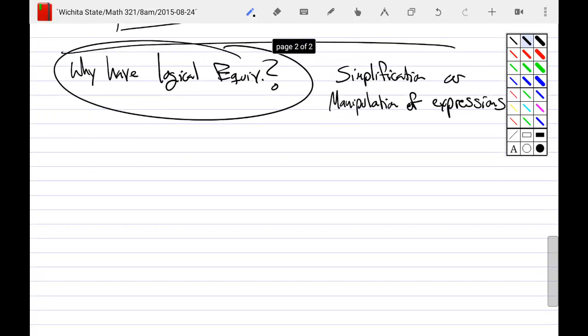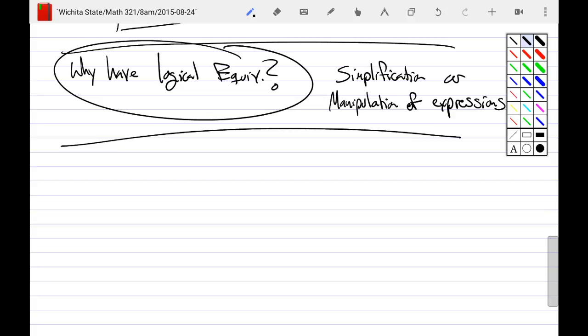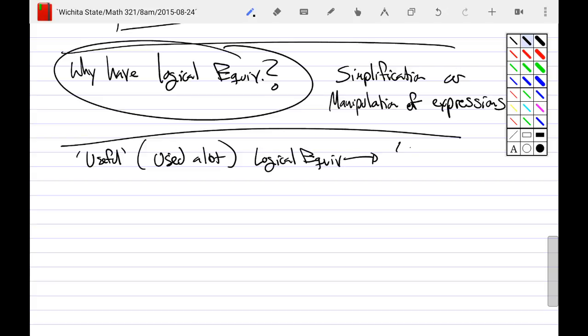And so when we have, in 1.3, the logical equivalencies that are considered useful, they usually get the title law. Useful really means used a lot. Logical equivalency, we will call this a law.